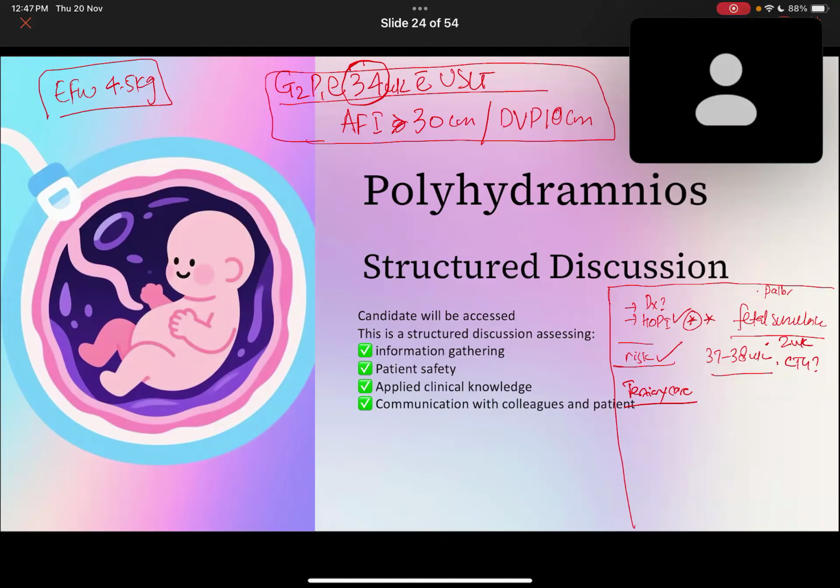Because you were prepared for LGA, I made a polyhydramnios and LGA mix, just because in the exam they give us a mixed case, not a single thing. So it was so beautiful. Mashallah, keep it up.